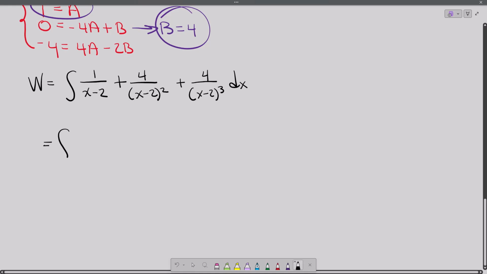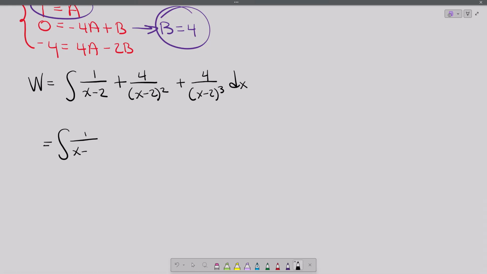So let's rewrite this. Before we do the integral, let's just rewrite this so that it's a little easier to track. So this is x minus 2 to the negative 2. This is x minus 2 to the negative 3, dx. So that is now ready to integrate.